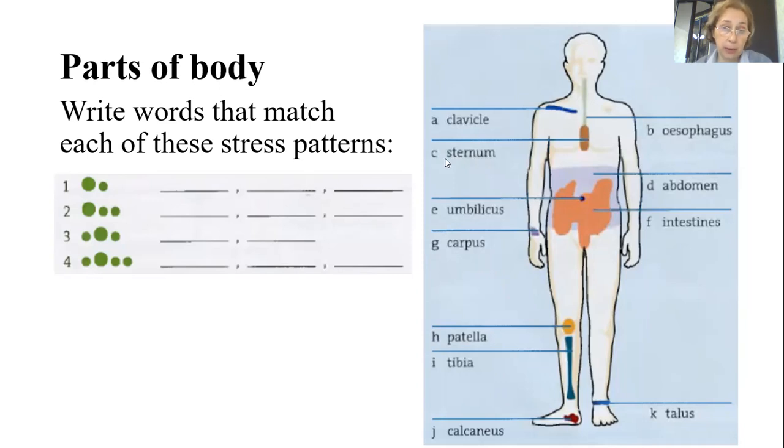Do you know what a syllable is? Yes, I understood. Now there are 2 syllables, right? And the first one is stressed. So the bigger circle shows the stressed syllable. That is why we should write sternum in the first group here. Do you understand? Yes, I understood. Okay, thank you. You're welcome.